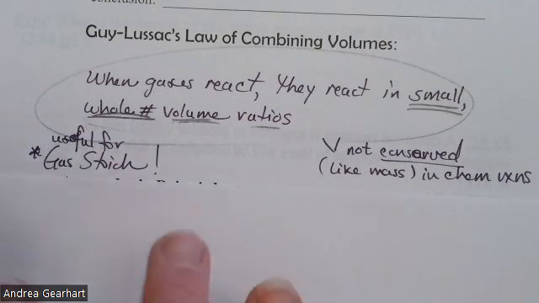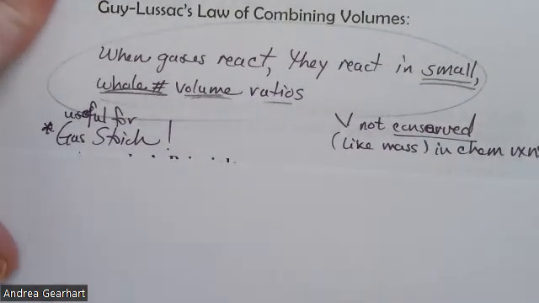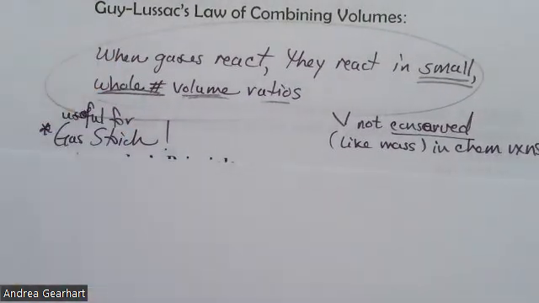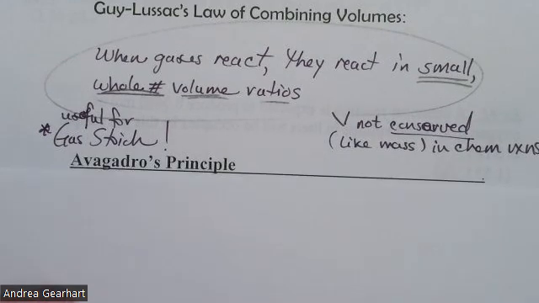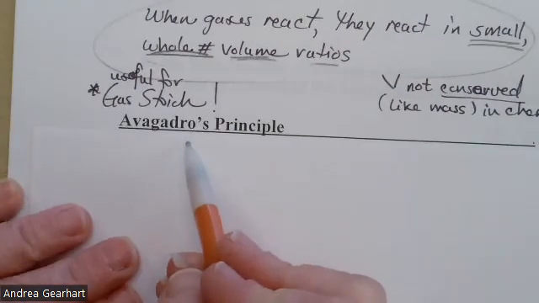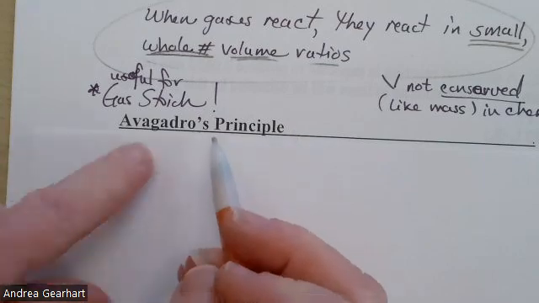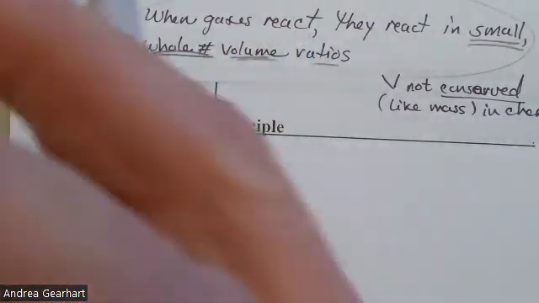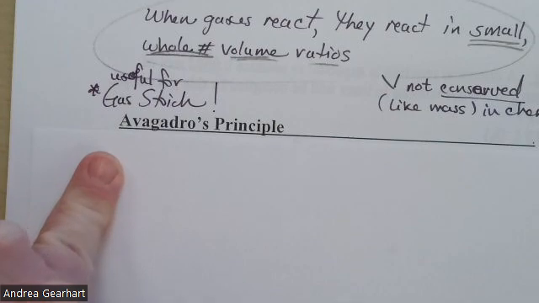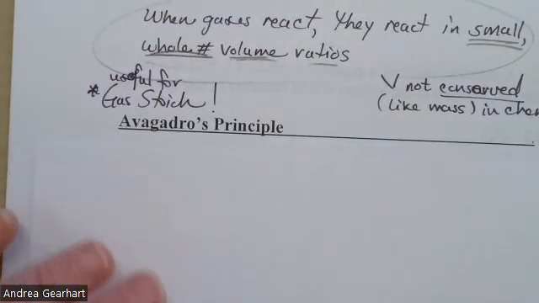Well, Avogadro, building on this, was actually responsible for what we credit to be Avogadro's principle. Because of this work, we name Avogadro's number. And what he found was this.